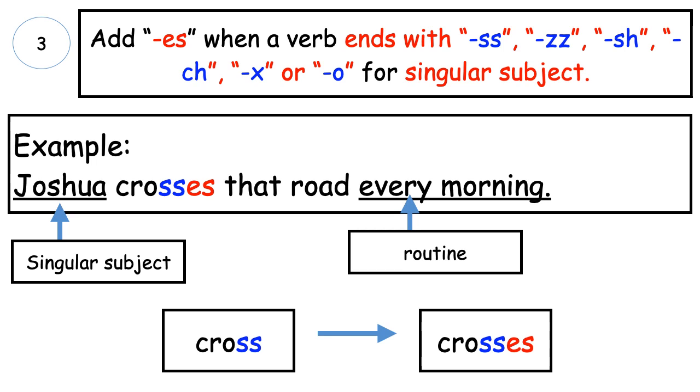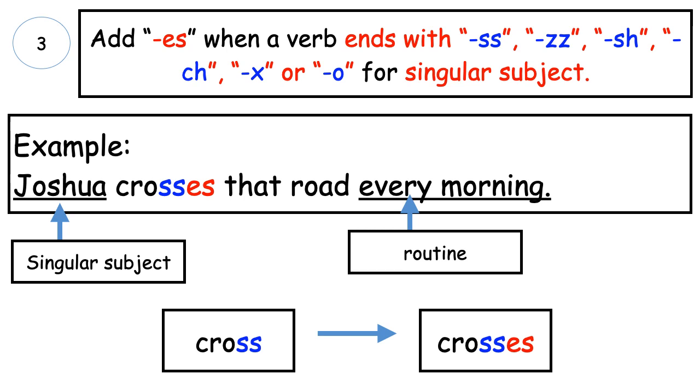Every morning shows it is a routine. And Joshua here is a singular subject. So we look at the verb. The verb ends with SS. So when the verb ends with SS, we have to add ES.